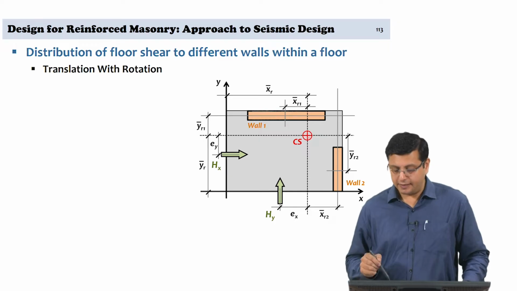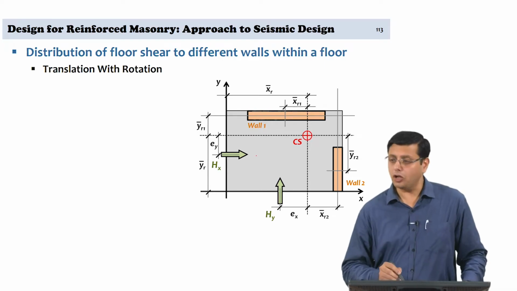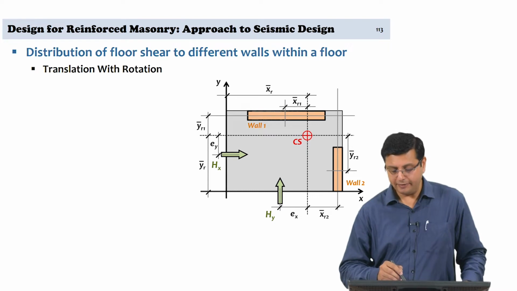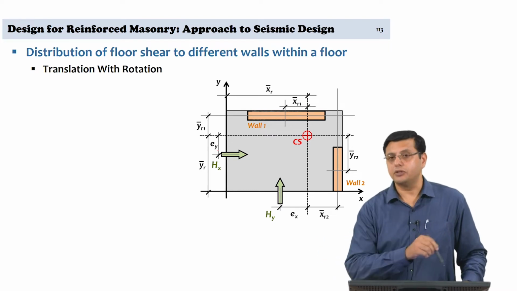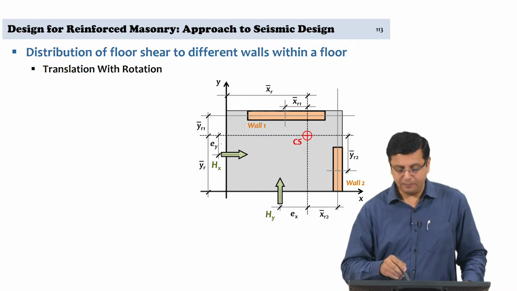Now, the eccentricity that we are talking about is, if you consider earthquake action in the x direction, the component of the earthquake force Hx acts along the center of mass, and what we are concerned about is the eccentricity Ey between the line defining the center of stiffness in that direction and the center of mass.